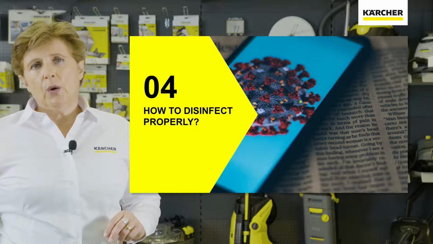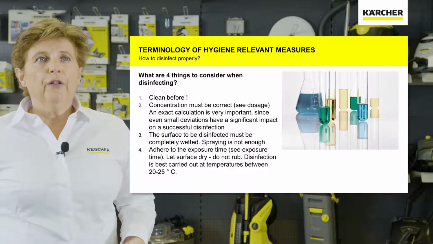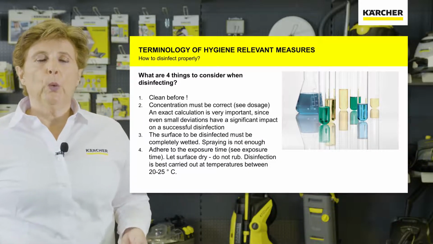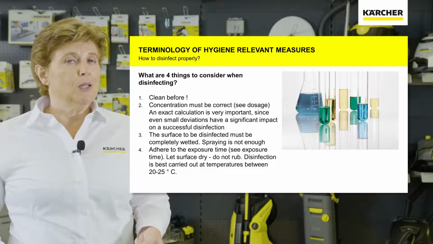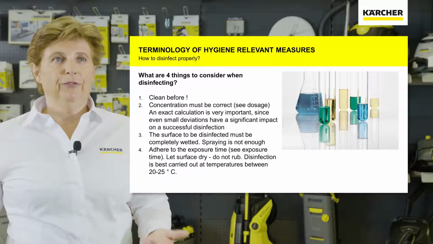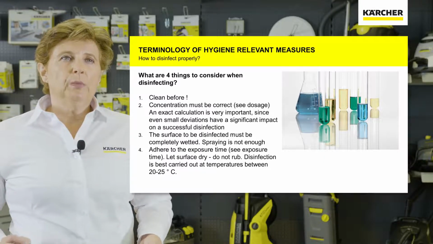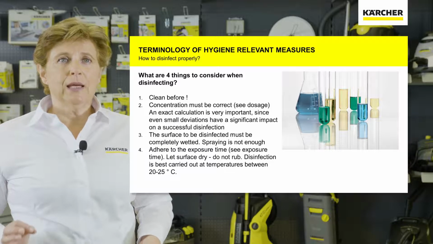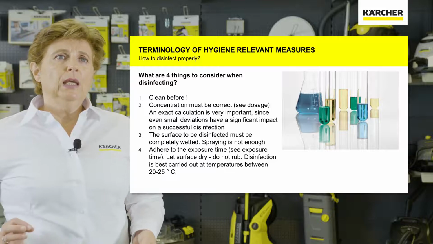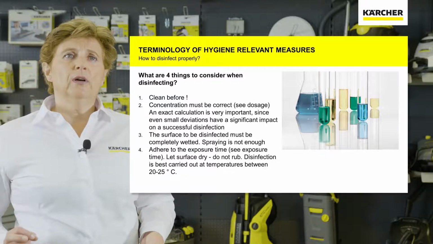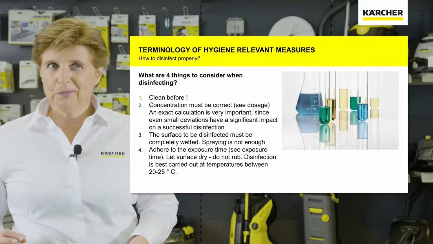But how are we now going to disinfect properly? What are the 4 things to consider when we disinfect? As I already said before, we clean before. Your concentration must be correct. An exact calculation is very important, since even small deviations have a significant impact on a successful disinfection.